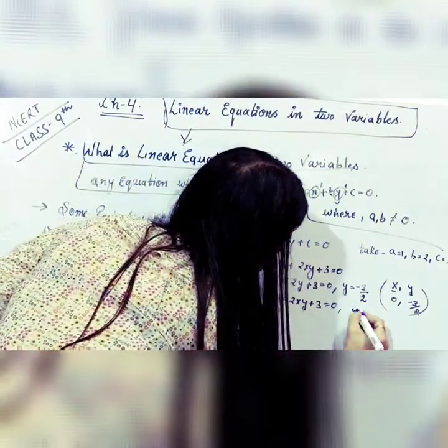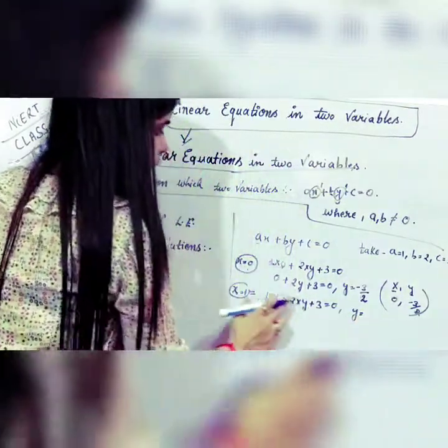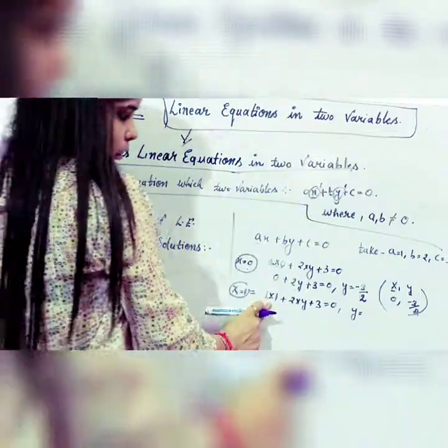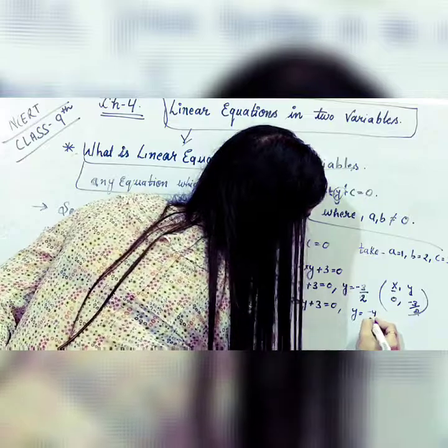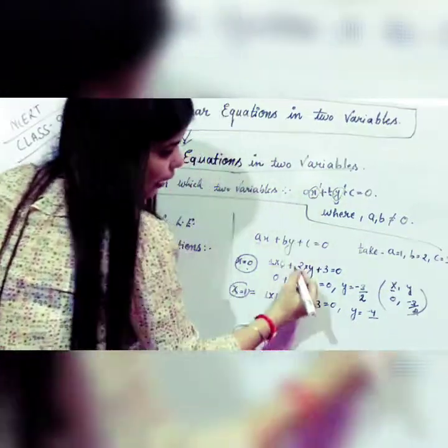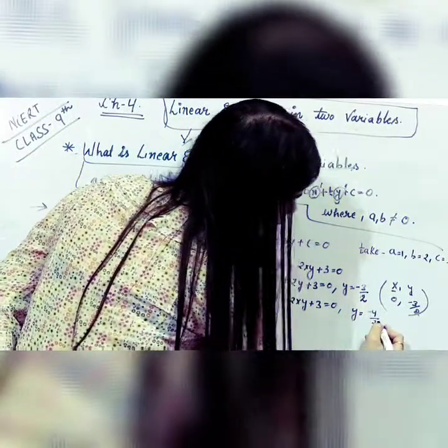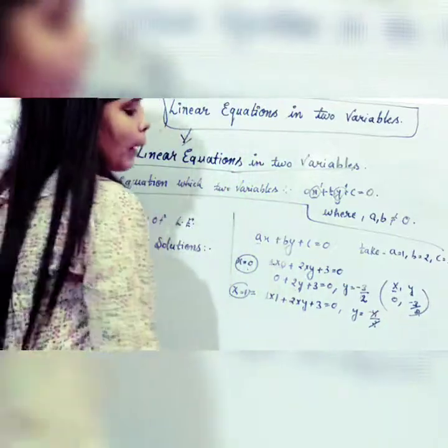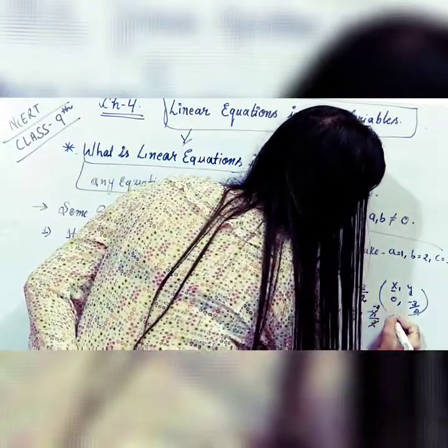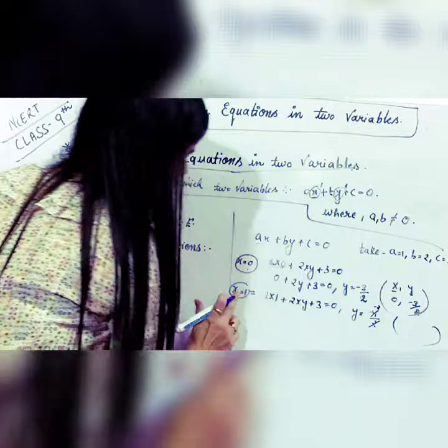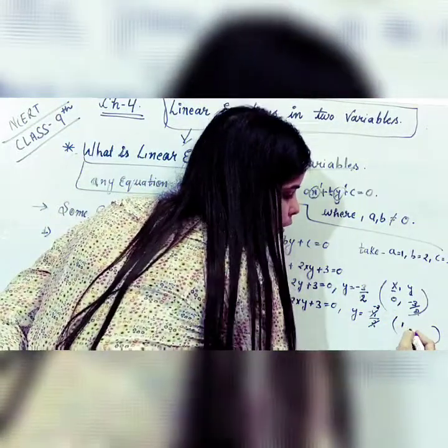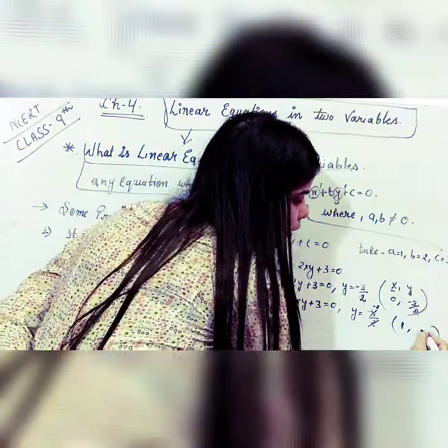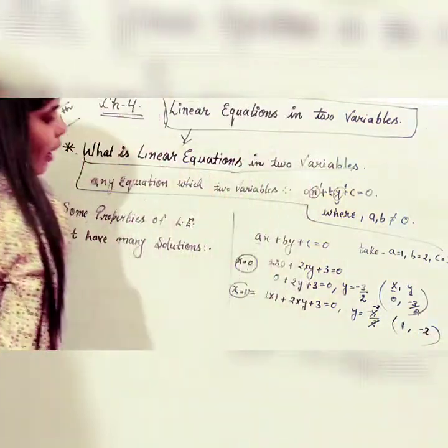Then 1 and 3 make 4; the 4 goes to the right side as minus 4, and the 2 goes to divide, so it is minus 4 upon 2, which cancels by minus 2. Then when we put x as 1, we get the value of y as minus 2.